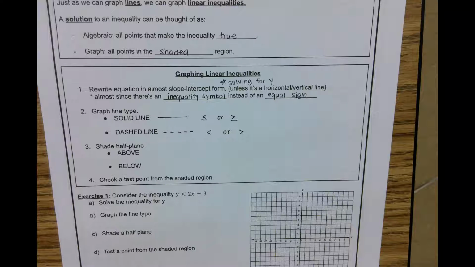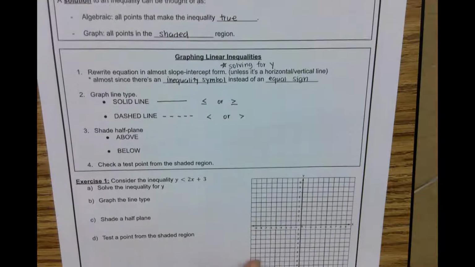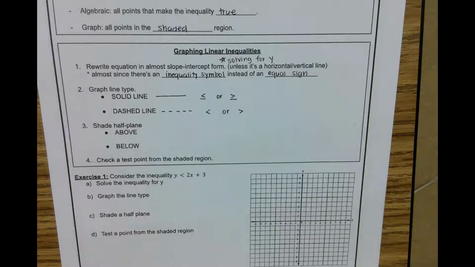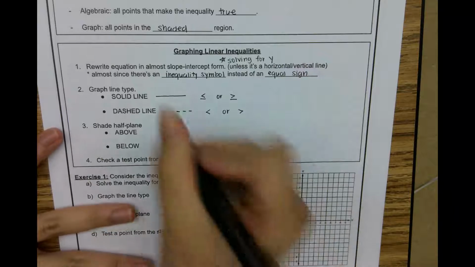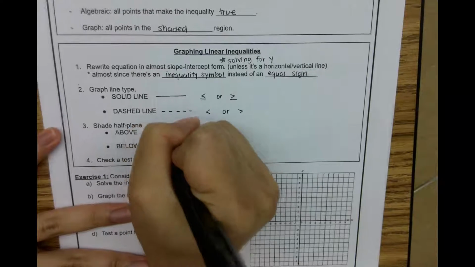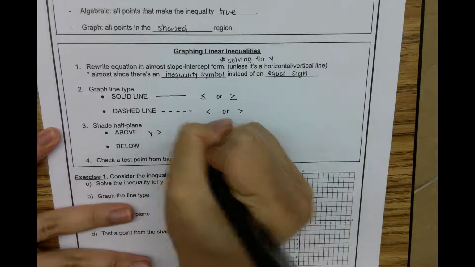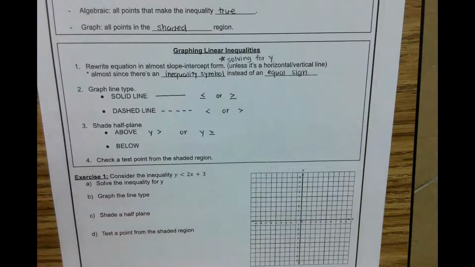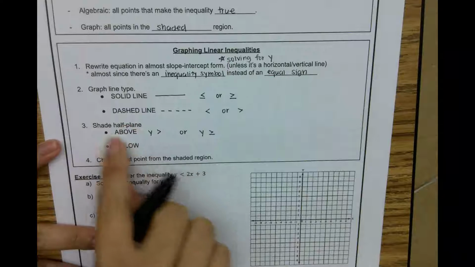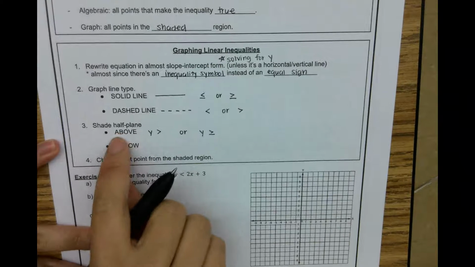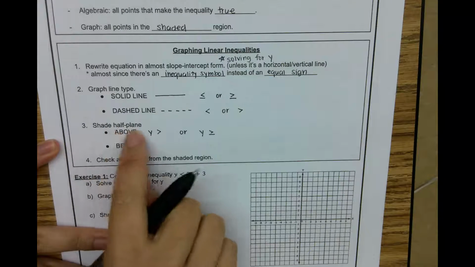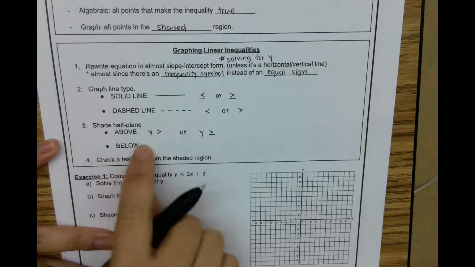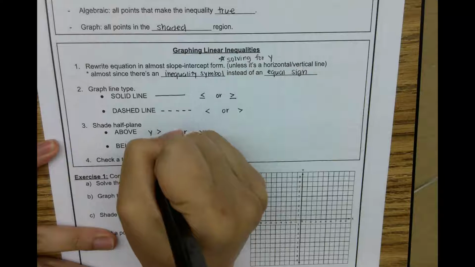Then afterwards, we're going to shade one side of the line, either above or below. We're going to shade above whenever we have y greater than or y greater than or equal to. If you think about up and down, the y values that are above are greater, and the y values below on the bottom part of our graph are less than.